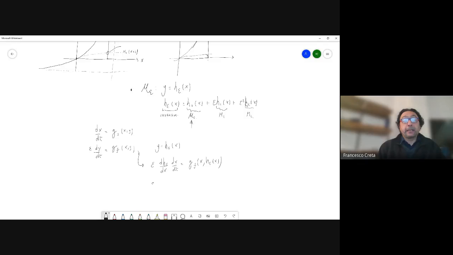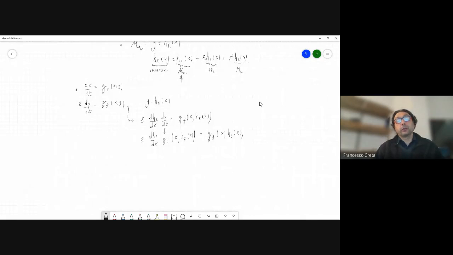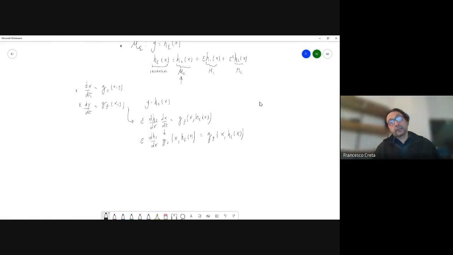Not only this, but if we rewrite dx by dt, we know exactly what it is: g of s, a function of x and h epsilon of x, is equal to g of f of x and h epsilon. So this is a condition on h epsilon, if you will, which enforces the fact that it has to be invariant, so it has to be one of the solutions of the system, essentially.